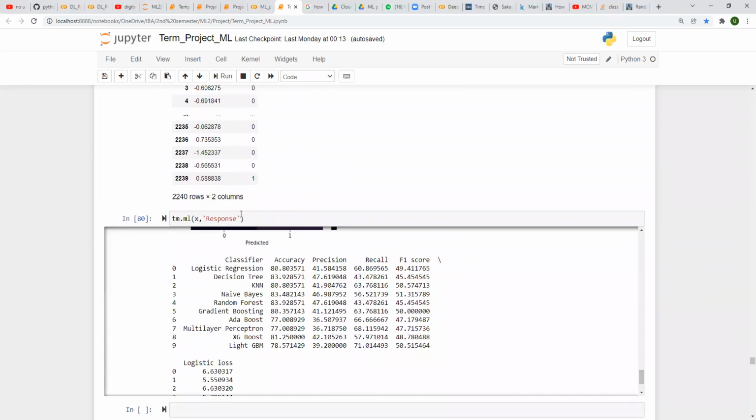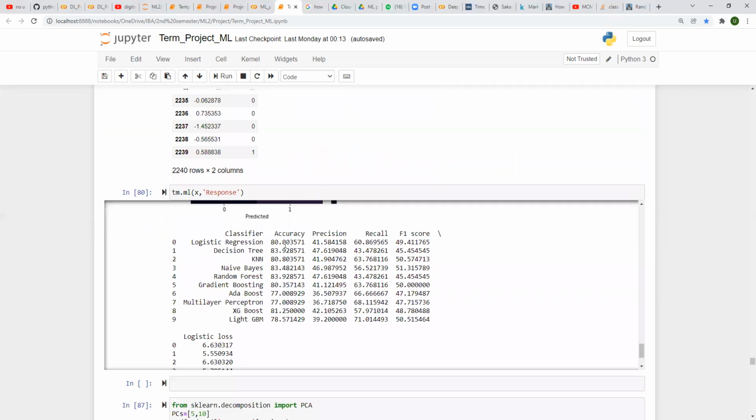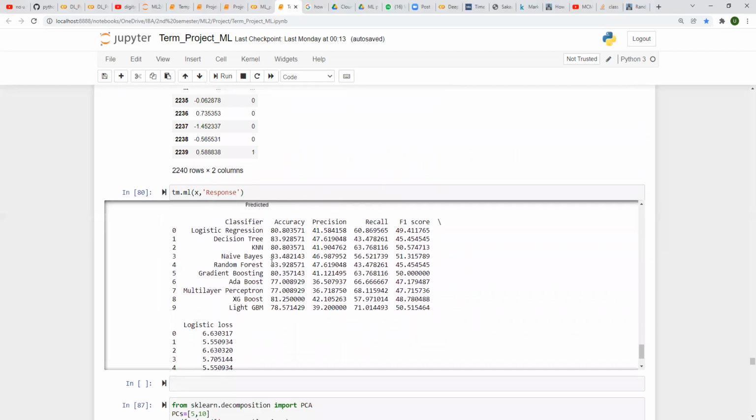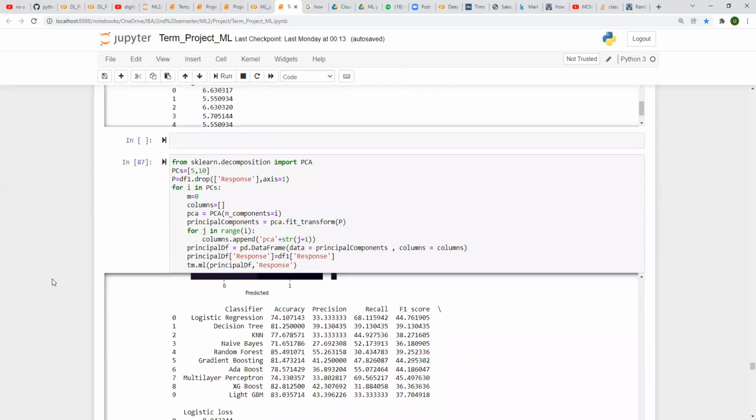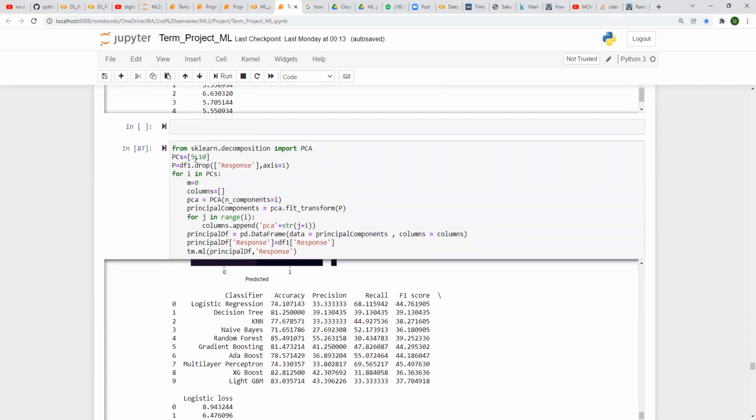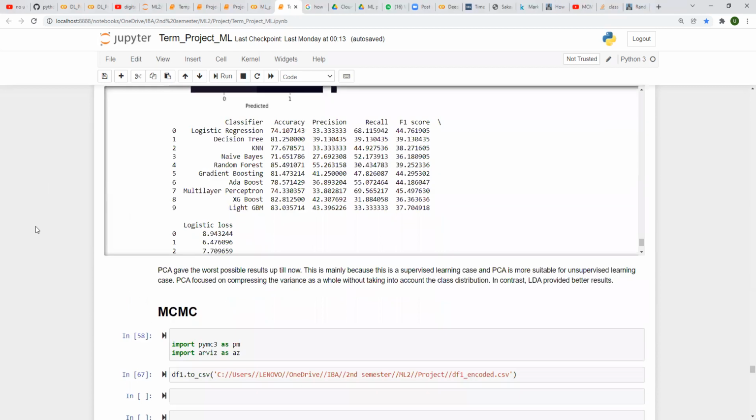And when we apply machine learning on this, we get the following results on all the algorithms. And we can see that logistic regression has performed well on this as well. The recall is good, the F1 score is good. And now if we perform PCA with 5 principal components and 10 principal components, 2 methods were tried.